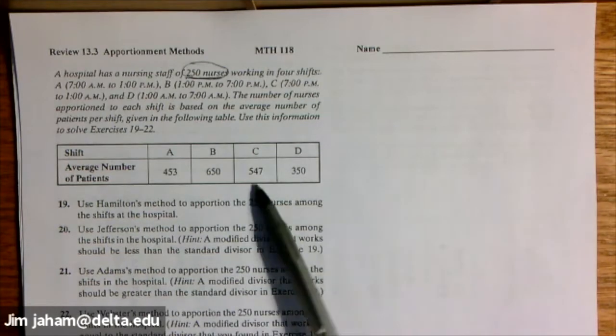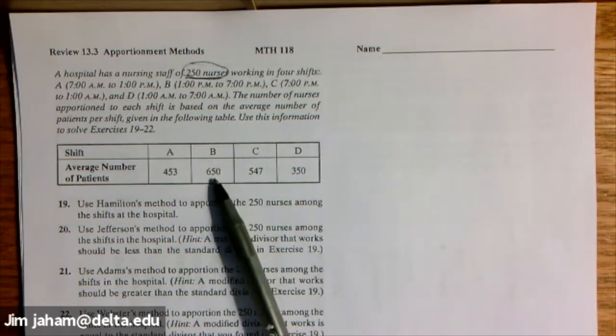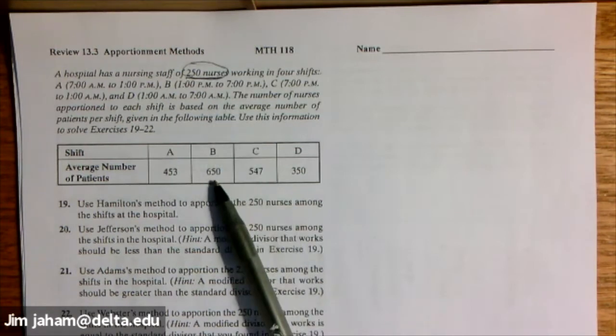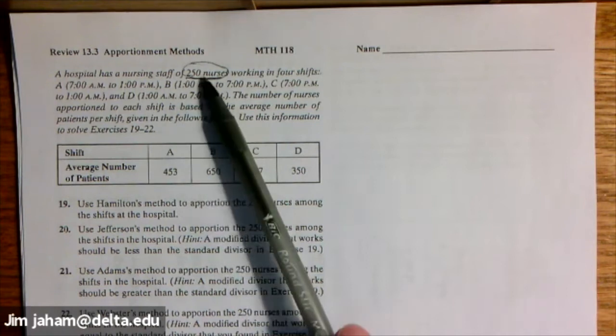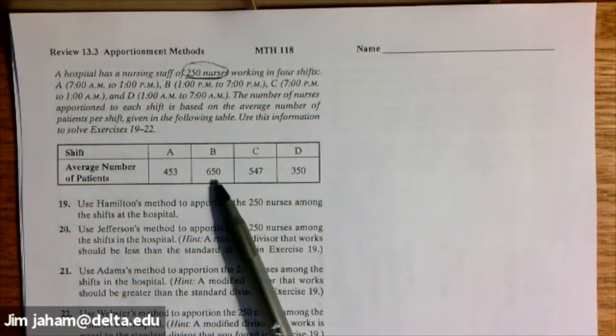Now, the person in charge says it appears that shift B is the busiest shift, the one that goes from 1 p.m. to 7 p.m. To accommodate those busy times, we should assign a higher percentage of nurses to that shift so that the nurses won't become overburdened with too many patients.